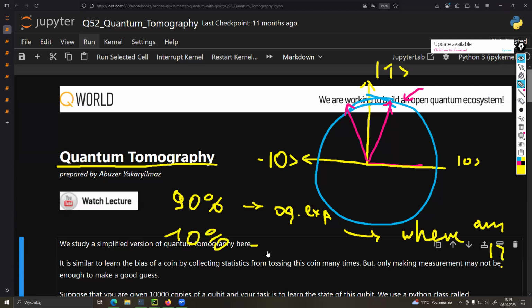So 10% is another guess, and this guess will help us after we apply a certain operation. This guess can help us decide whether we are on this state, which is plus, or this state where it is minus.